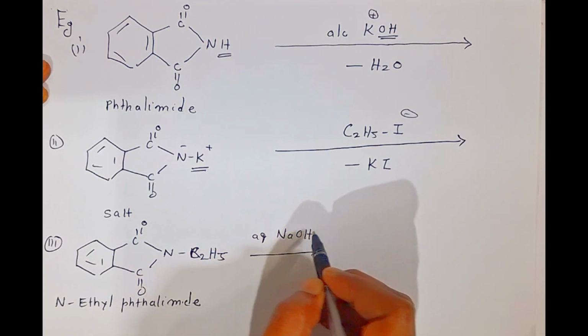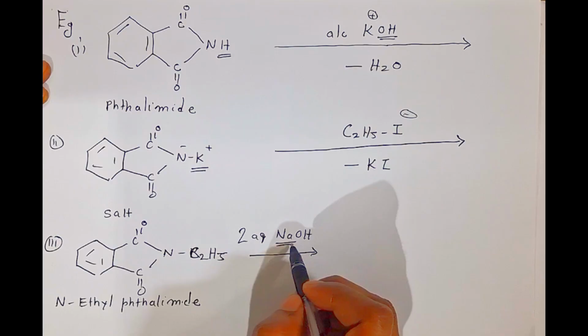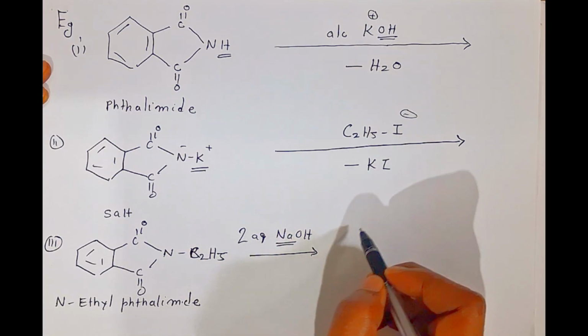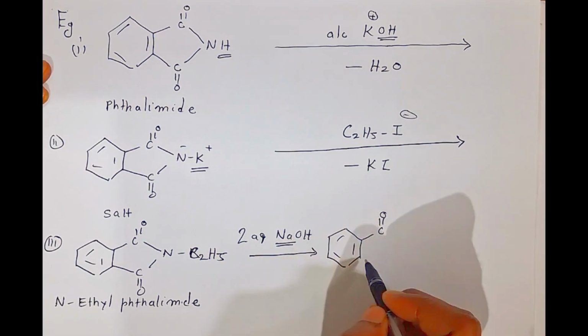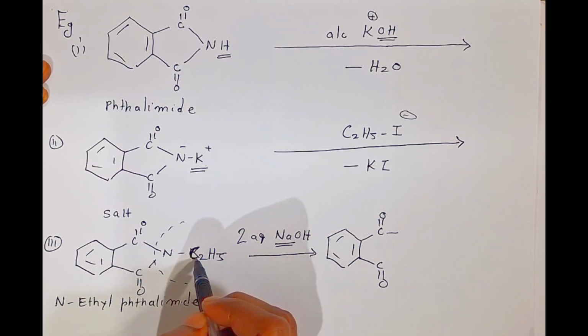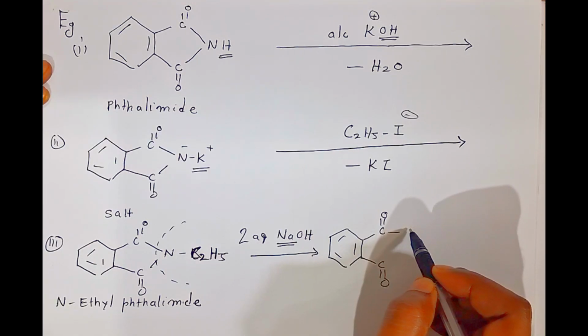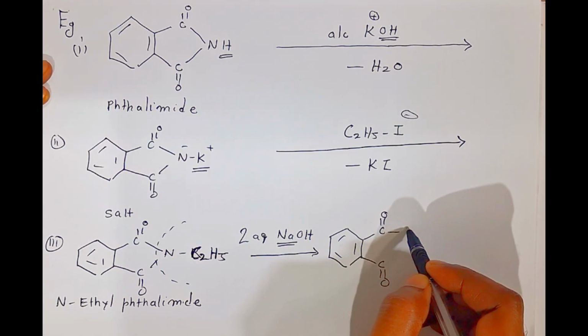Two molecules of aqueous NaOH. Now these two will combine and form the salt. Here this bond will break students. Okay students, this is carbon and this is hydrogen. So it will form the sodium salt of phthalic acid, sodium phthalate.